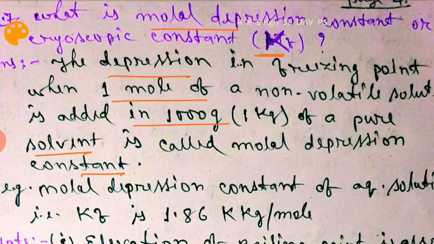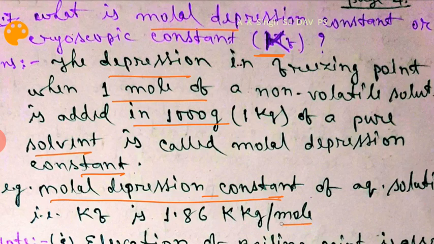For example, the molar depression constant of aqueous solution, that is Kf, is 1.86 Kelvin kilogram per mole.